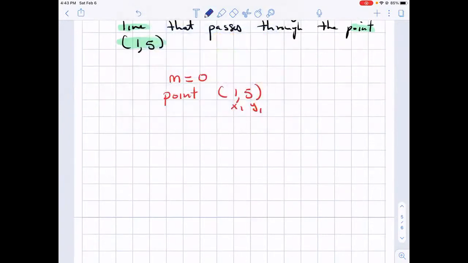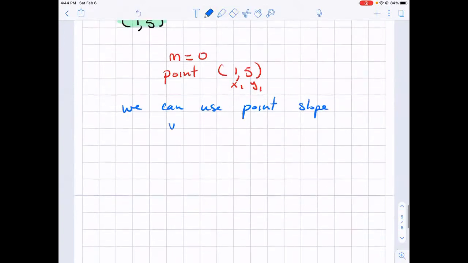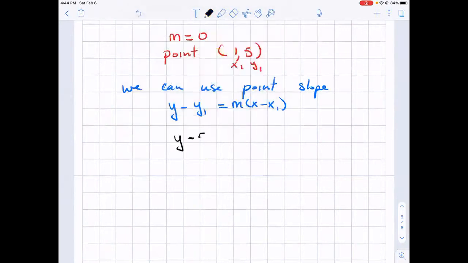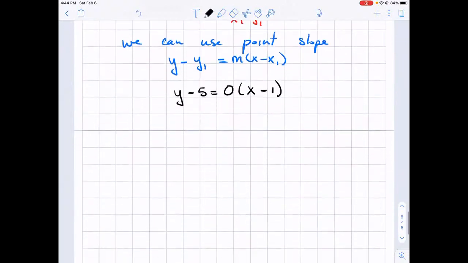Now since we have a point and a slope, we can use point slope. Point slope is y minus y1 equals m times x minus x1, and we plug in the values we have: y minus 5 is equal to 0, m is 0, times x minus x1, which is 1. So this leaves me with y minus 5 is equal to 0x minus 0.